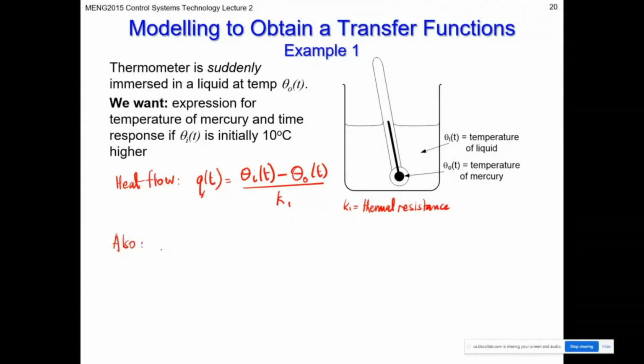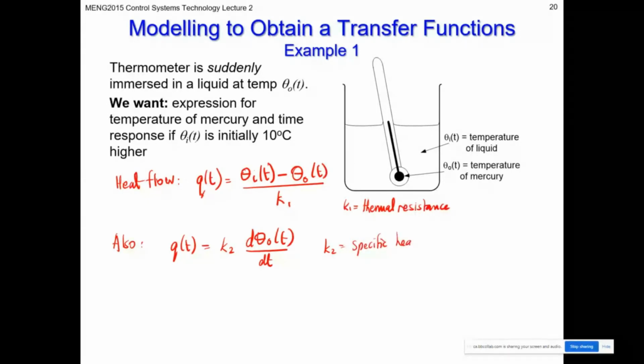So we can say also that our heat flow causes a rise in the temperature of the mercury, and that temperature rise rate is going to be d theta out by dt, right? Times some constant, another constant K2, and that K2 is to do with the specific heat capacity of mercury.